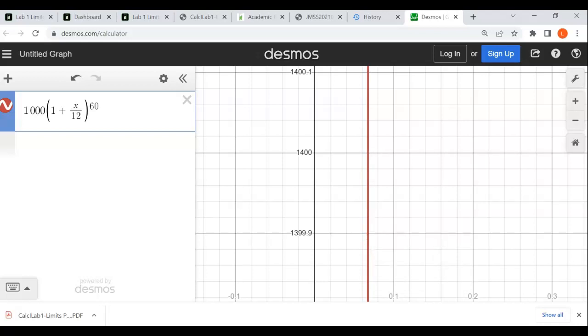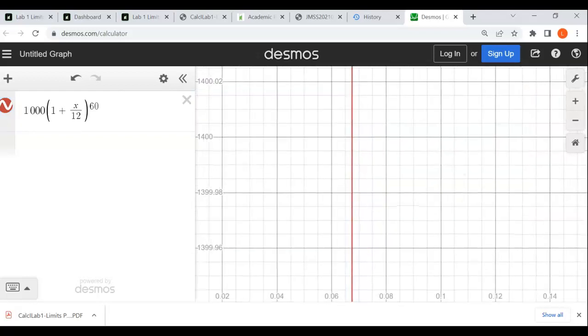I can't get to exactly 1400 apparently. So what's it about? 0.067, something like that. Everybody see that? So how would you tell exactly what it is? Just pop it on the graph and then you can do that. So you're going to play with decimals in one of these problems. Okay?